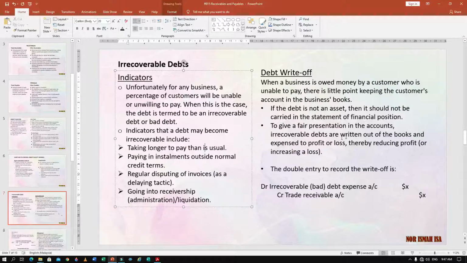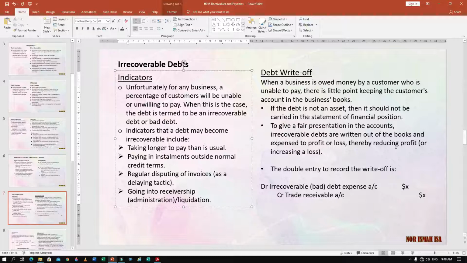To give a fair presentation in the accounts, irrecoverable debts are written out of the books and expensed to profit or loss, thereby reducing the profit. So this is what happens when the business knows that this customer is unable to pay, meaning they won't receive the money, meaning that this account receivable is not an asset because no money is expected to come to the business.